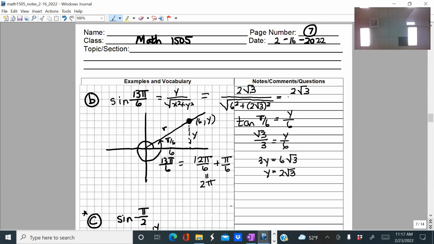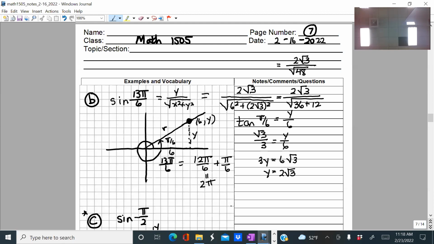So I get 2 times the square root of 3 over, what is this big number? 36 plus, what do you get when you square 2 square roots of 3? 12? So I get 2 times the square root of 3 over square root of 48.